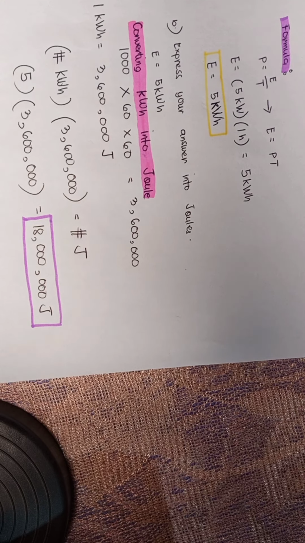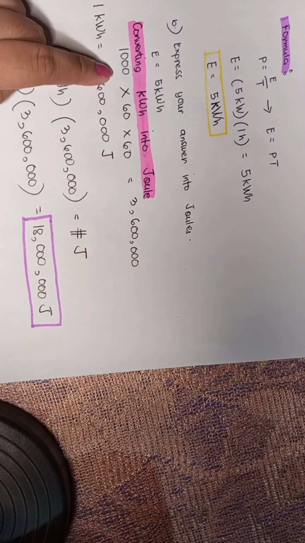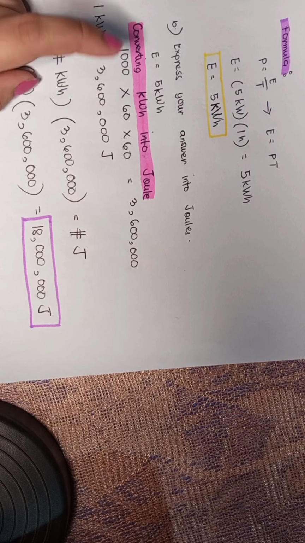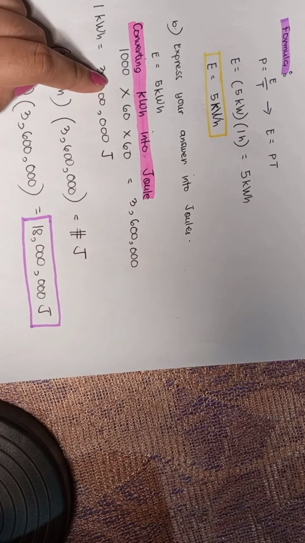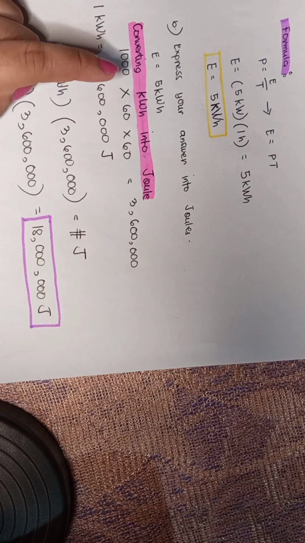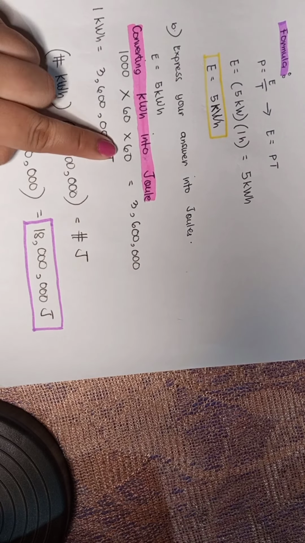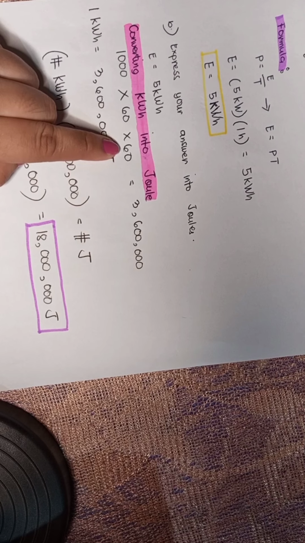So there is 1000 watts in a kilowatt. If you are using a kilowatt, you're using 1000 joules every second. There are 60 seconds in 1 minute, and there are 60 minutes in 1 hour.